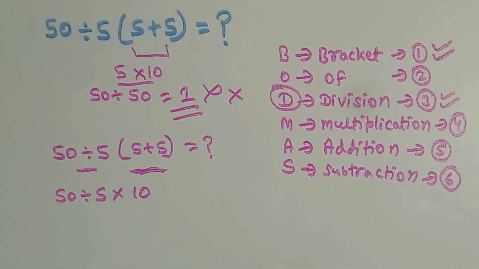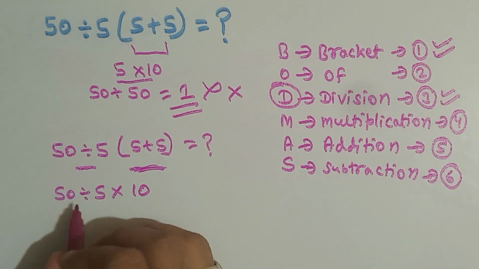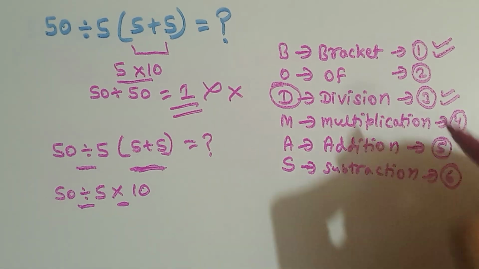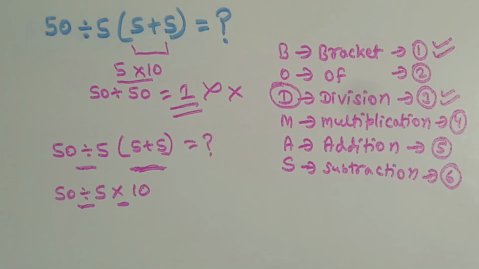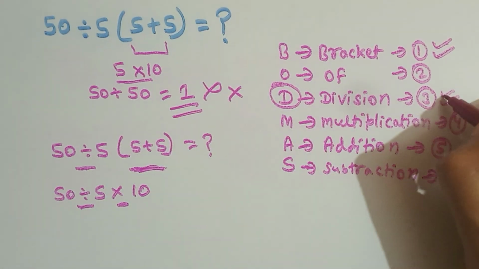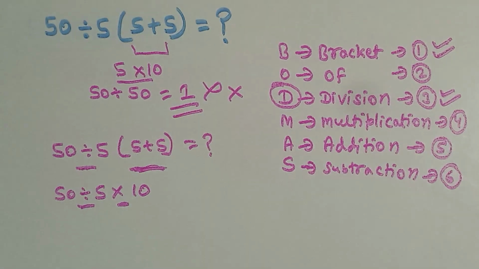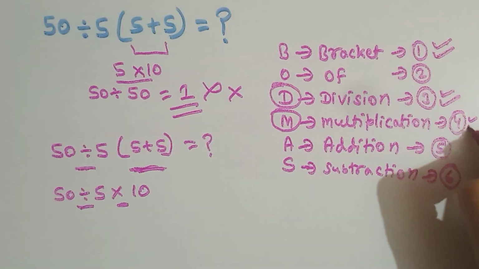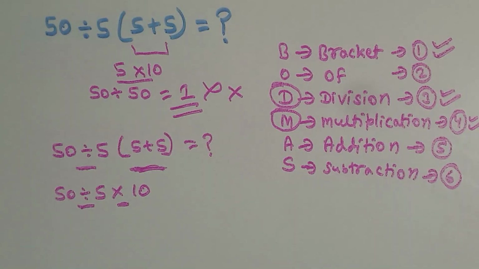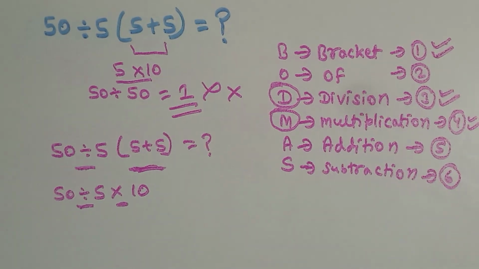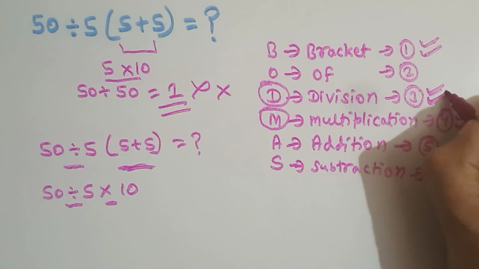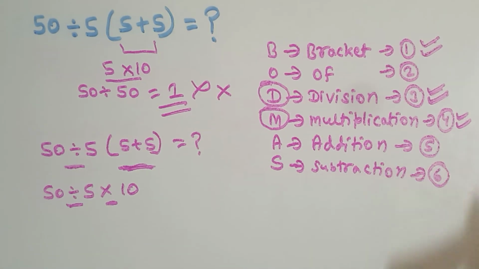In the next step, what should you solve, this part or this part? Again, if you see in this rule, D means division, which gets third priority, and M is multiplication, which gets fourth priority, right? From here you can say that division priority is higher than the multiplication sign, right?